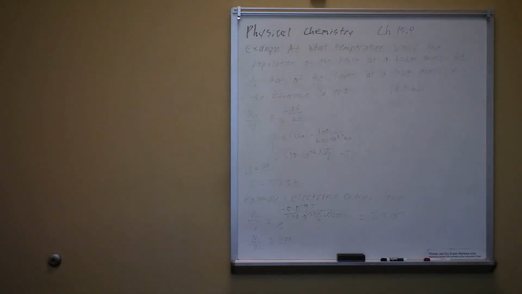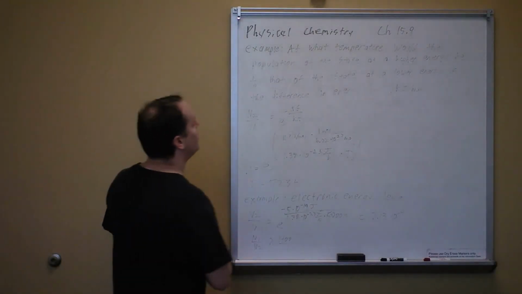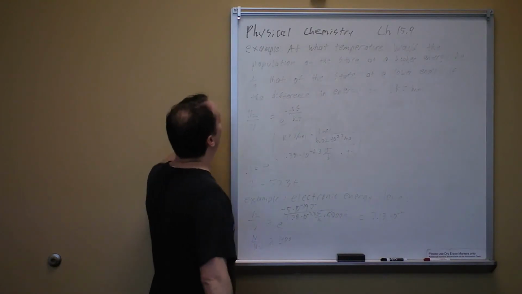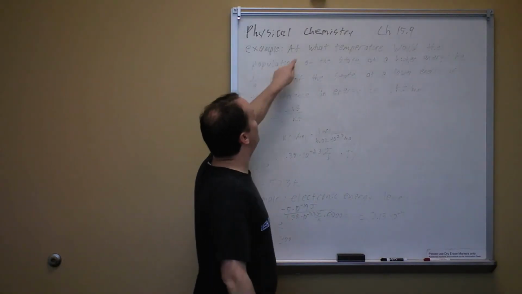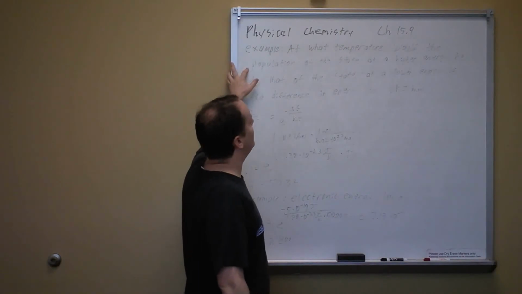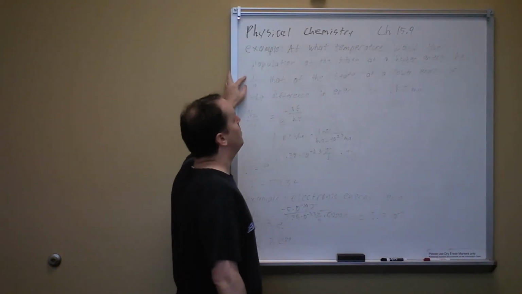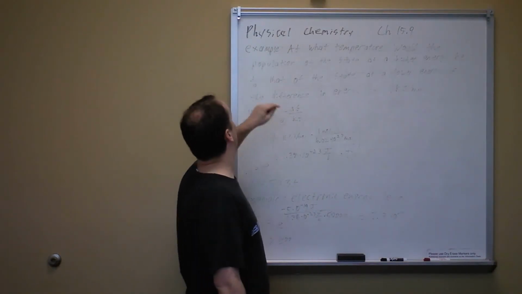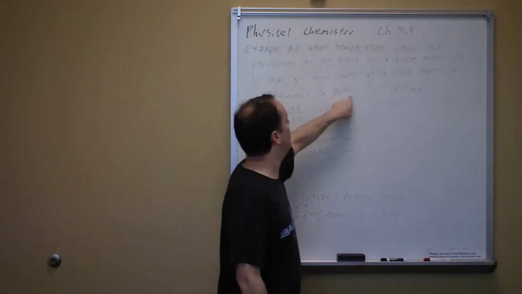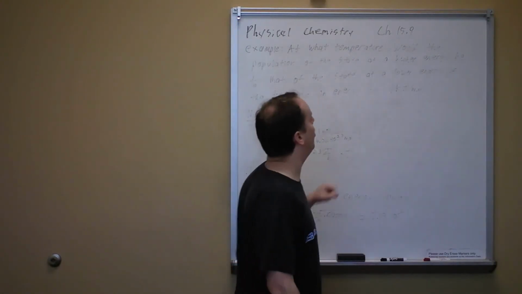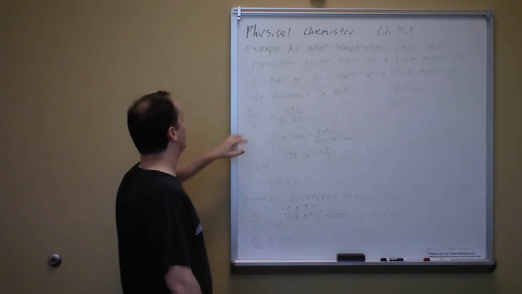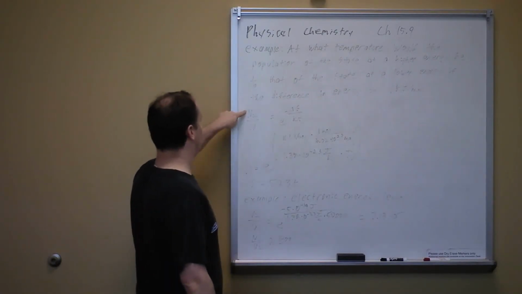All right, continuing on the Boltzmann distribution. As an example, at what temperature would the population of a state at higher energy be 1/10 that of the state at a lower energy, if the difference between those two energy states is 1 kilojoule per mole? So we're going to use the Boltzmann distribution formula.